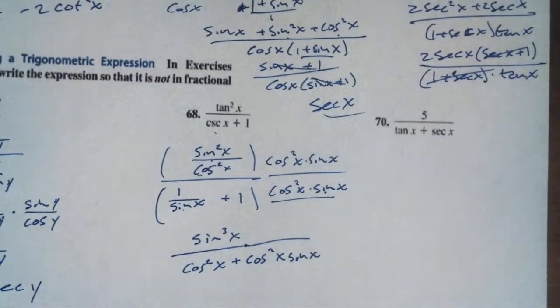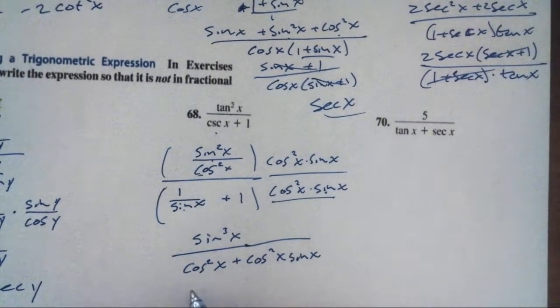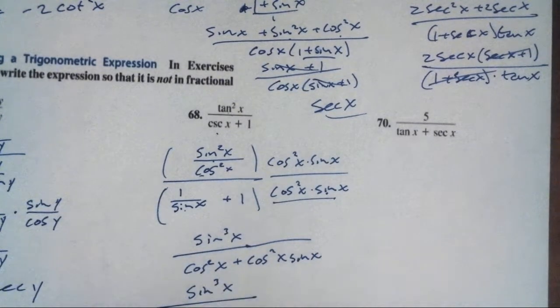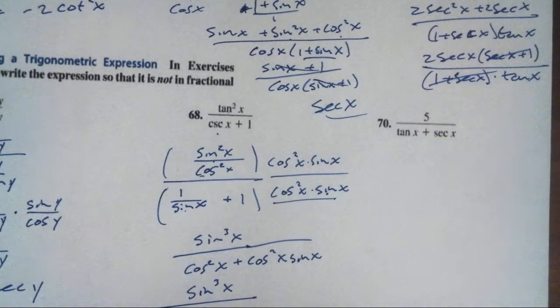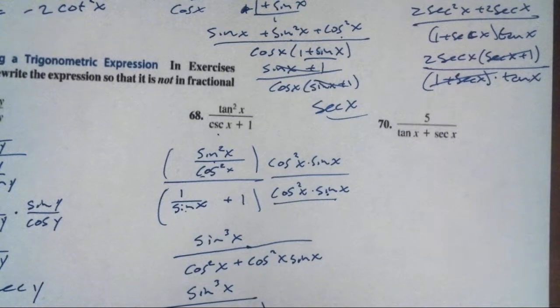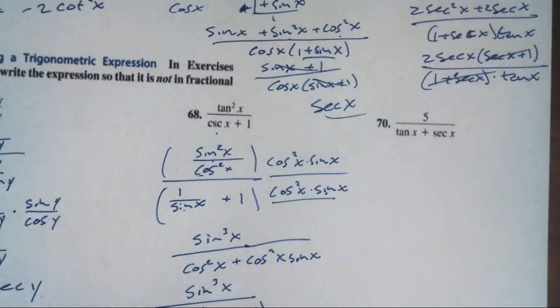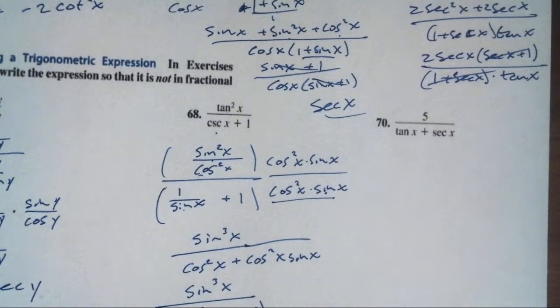Any payoff there? Well, I could factor out, I think I'm going down a bad road here. Sine cubed x on, I can factor out a cosine squared. Cosine squared x times 1 plus sine of x. I could turn this into sines because it's a cosine squared.